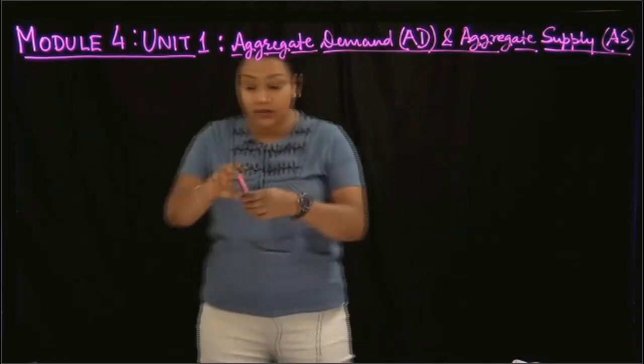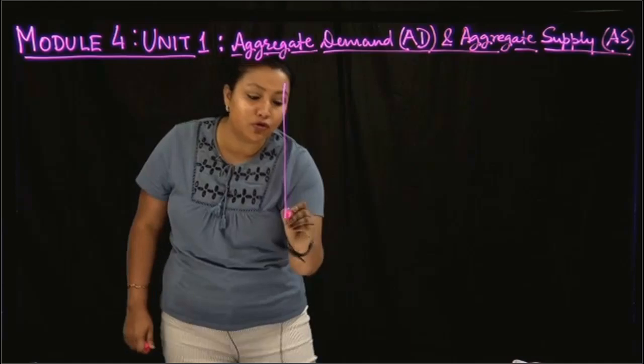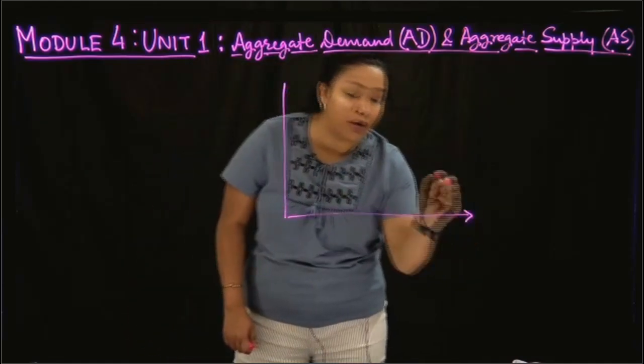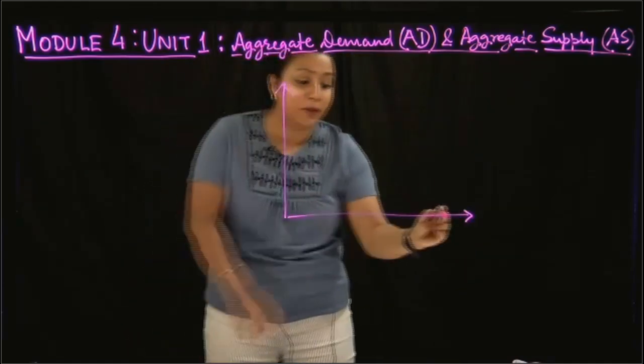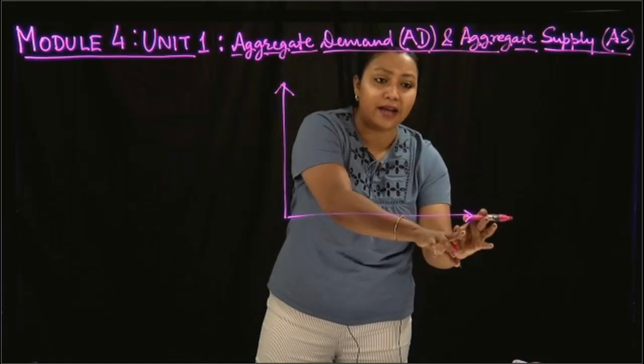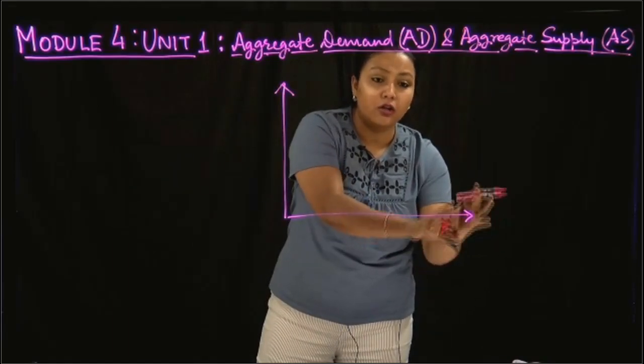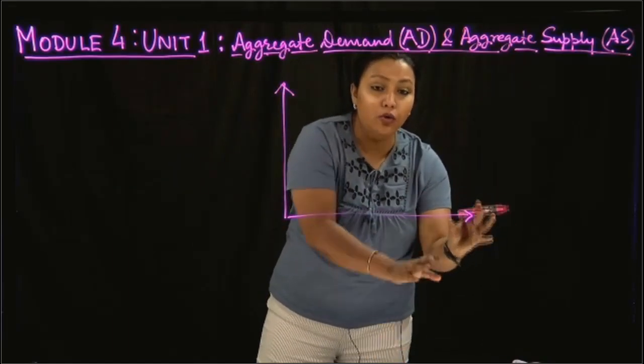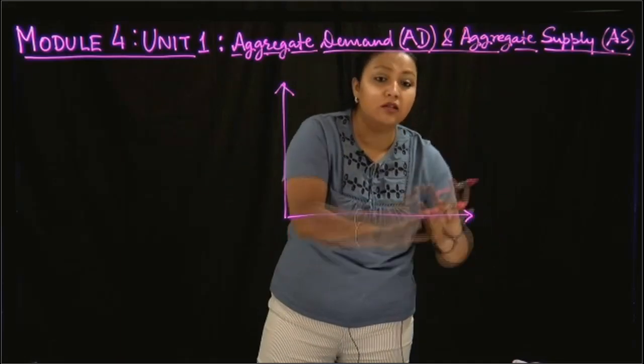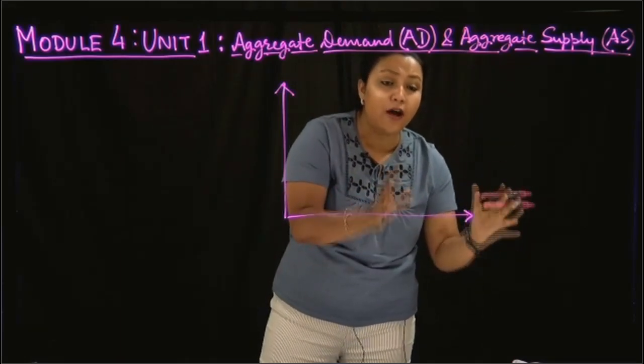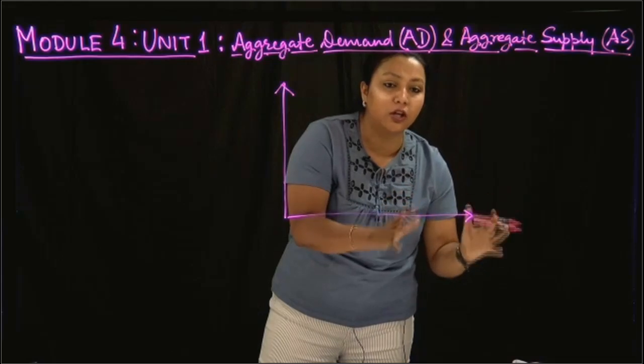If I am going to draw a two-dimensional graph for the macroeconomy, then on the x-axis I cannot put the quantity of any particular good or service. Instead, it is the total quantity of all final goods and services produced in the economy.